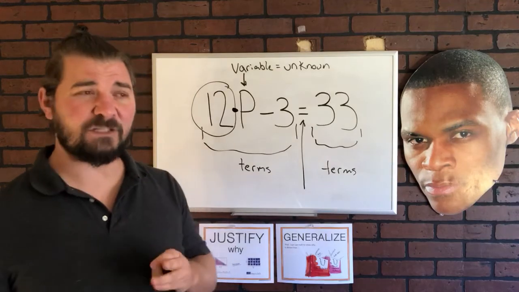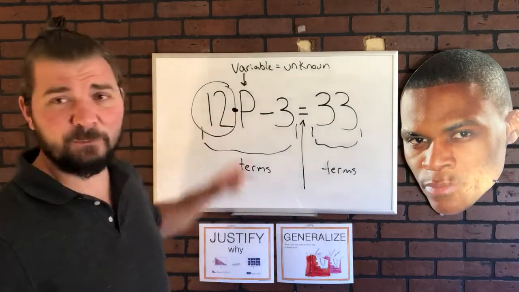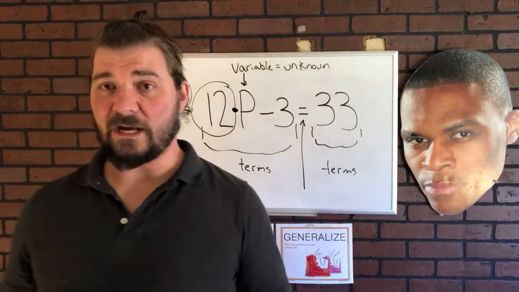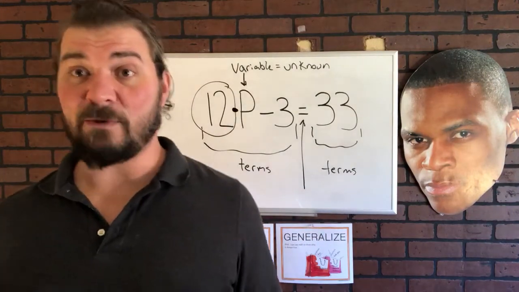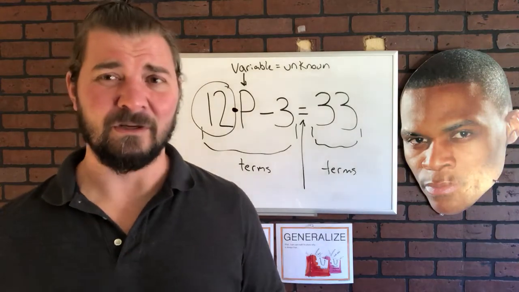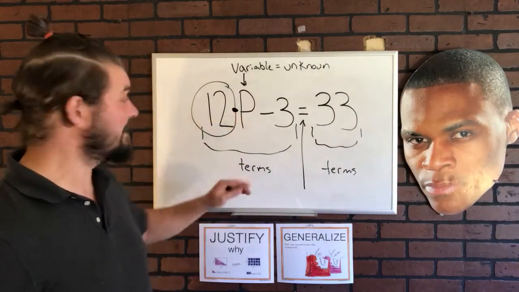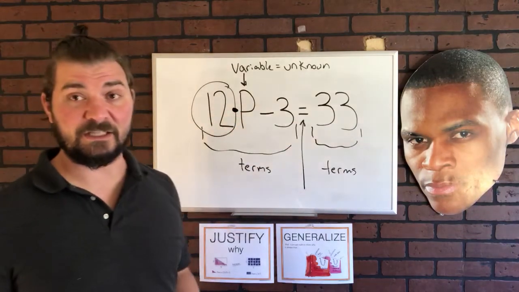When I get into algebra, that's when math starts using this dot for multiplication, because if I put an x there, like we do in the younger grades, that could get confusing because I'm using letters now. Is x multiplication or is x a variable? So we're not going to use x for multiplication anymore. We've got to use this dot. So I've got 12 times p minus 3 equals 33.